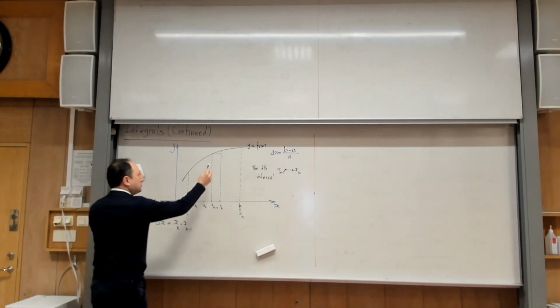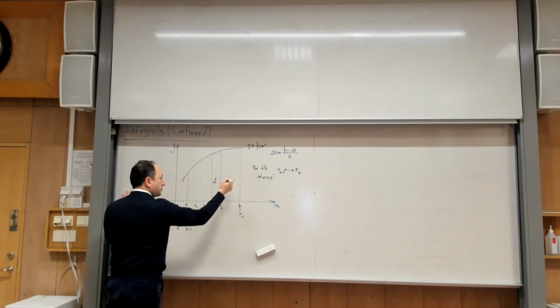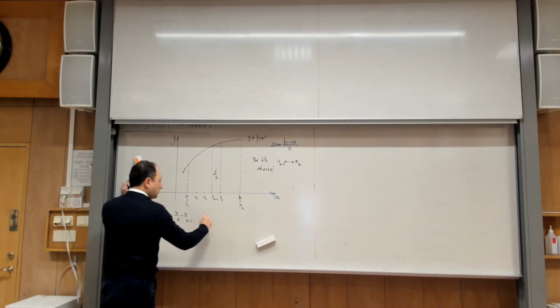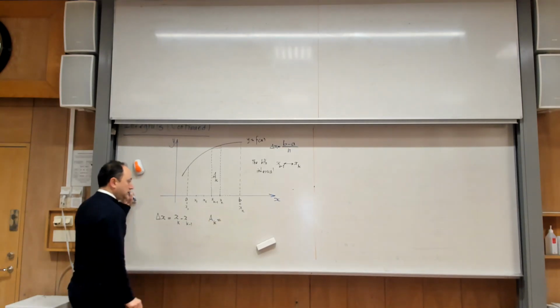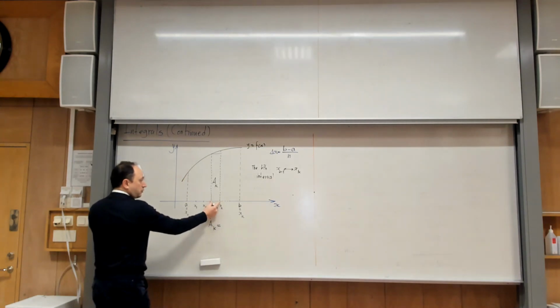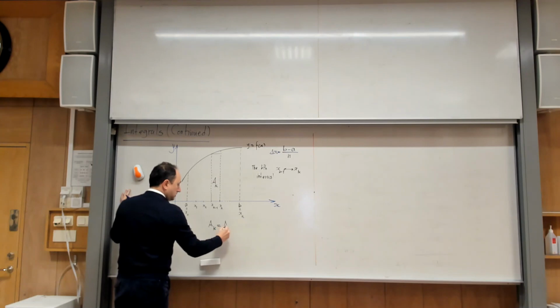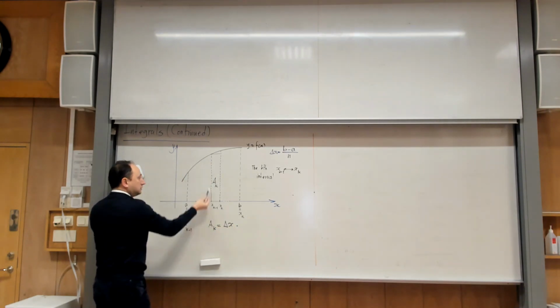Now can you tell me what is the area of this rectangle? This rectangle is the kth rectangle. Let me call the area of the kth rectangle a sub k. If I ask you what is a sub k, you can immediately answer, yes? It is the width of the rectangle, which is delta x, multiplied by the height of my rectangle. So what is the height?